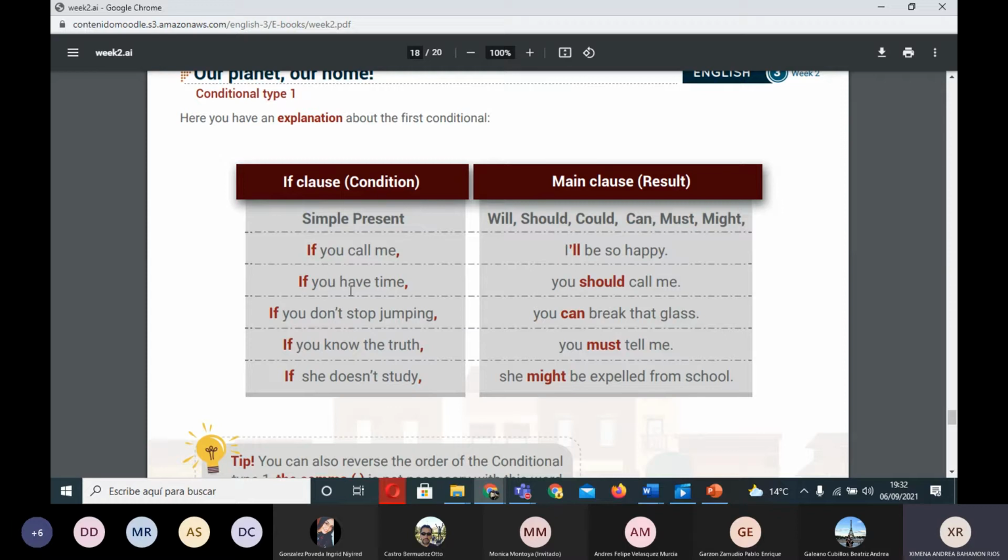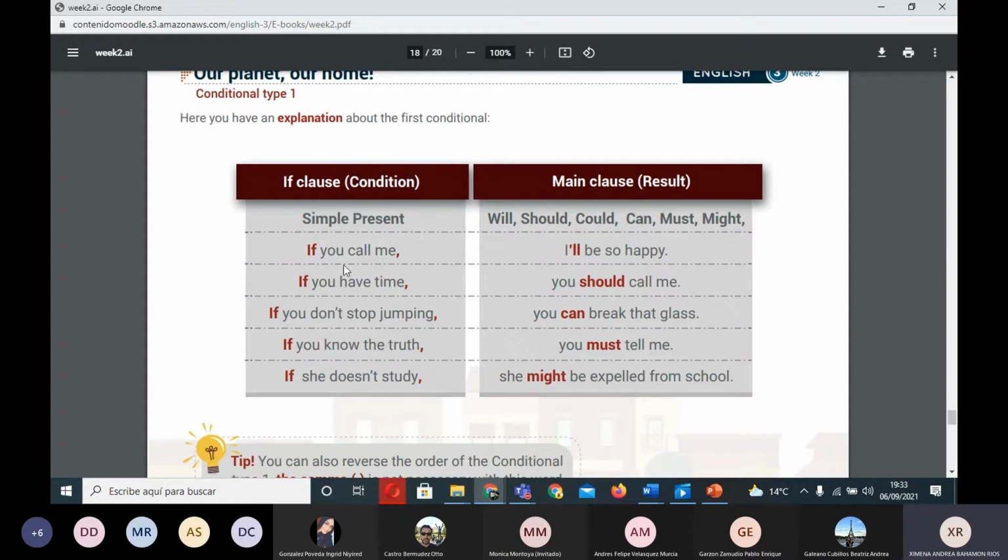Remember that in English there are exceptions, and sometimes we can also have the if condition in present continuous. Maybe it is not very common, but it can happen, okay? So just to make the exception here. But normally we conjugate the present simple in the condition.